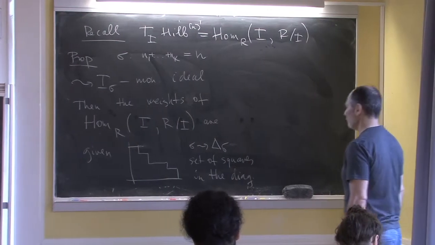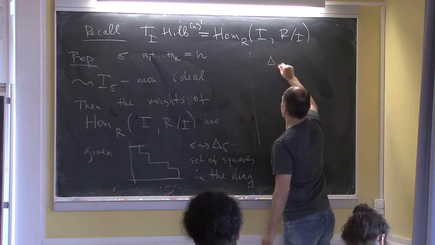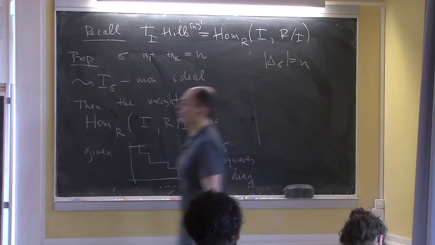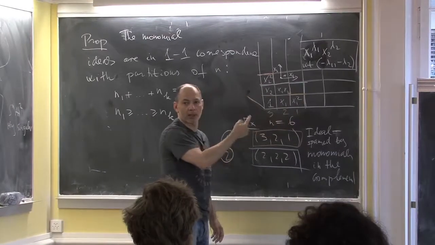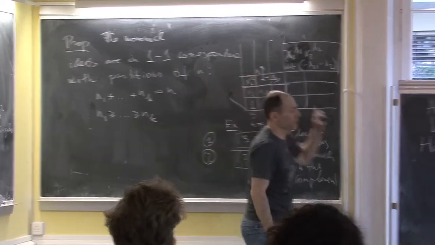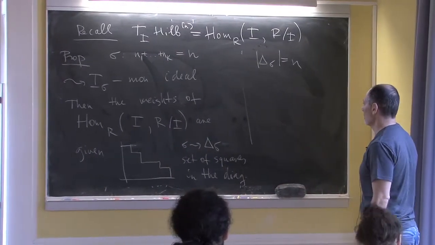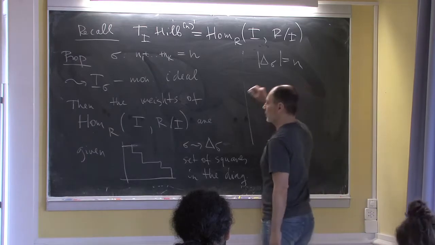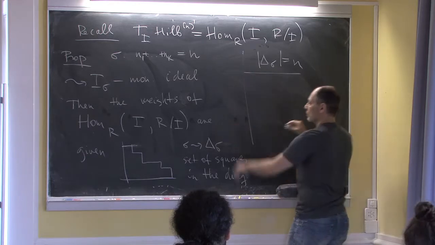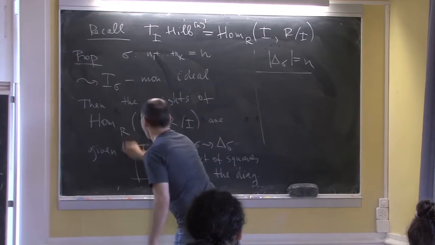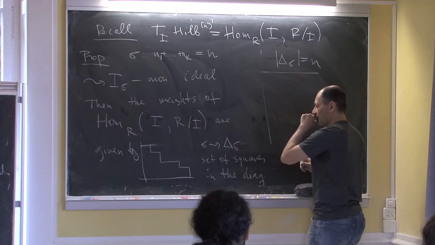And I take now one of these delta sigma, so delta sigma has n elements, right? It has, so for example, here, what I'm saying is like 3, 2, 1, these 6 squares here, the 6 monomials are my delta sigma, okay? The answer will be a sum over these things. So then the weights of R are given by, so it's just notation, so I are given by, and so this is some notation, and the following way.